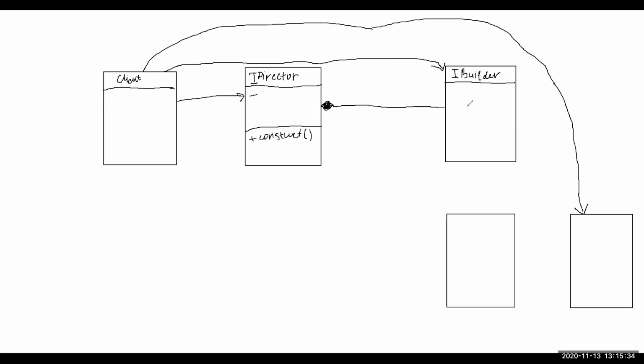So what is this? It's a builder, right? So I need a builder object. Okay, so what does the builder contain? Let me get rid of this, because I already have this aggregation, all that stuff.